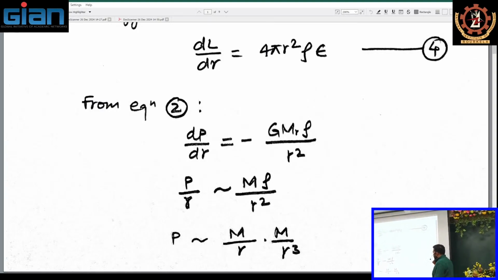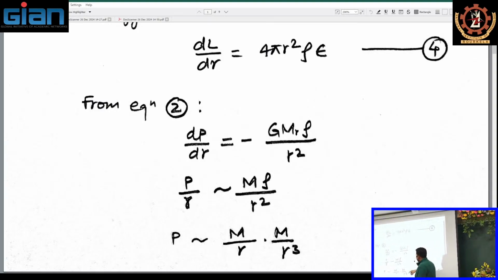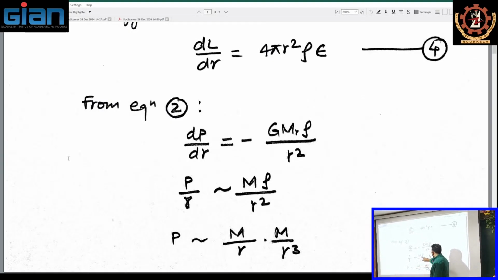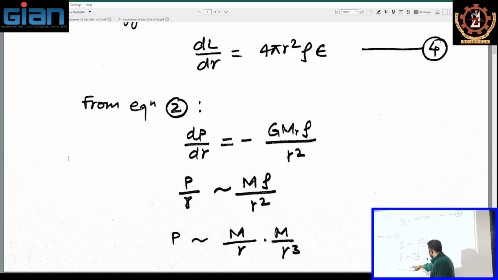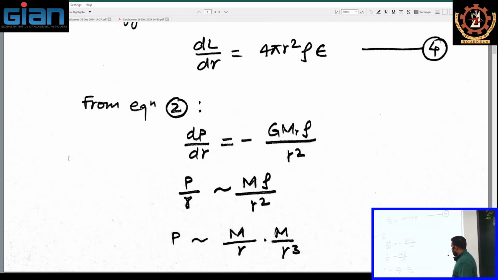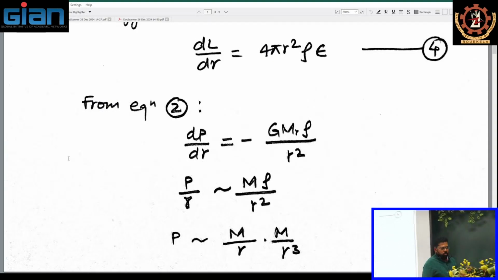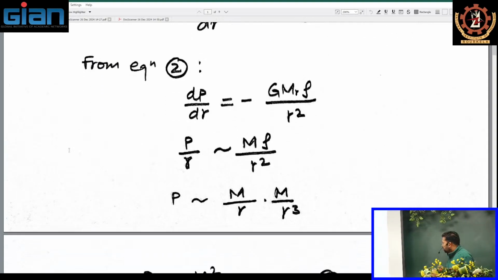Now, the density rho can be represented as mass divided by r cubed. So you have mass times rho divided by r square, and here one r is going to cancel. So simply you can see this pressure P will be proportional to m divided by r, and then you have this term m divided by r cubed, which is coming from the density.